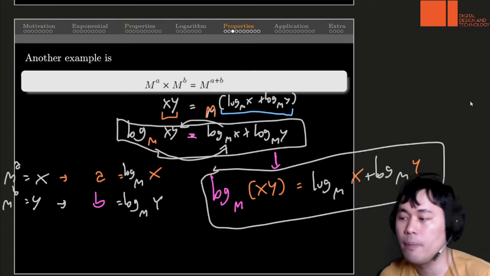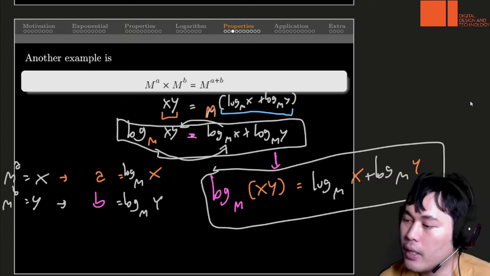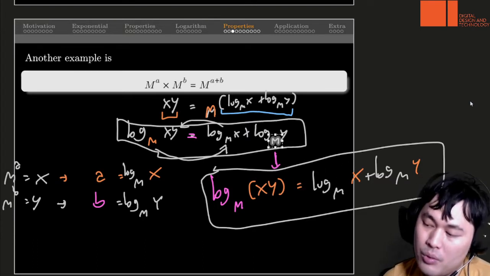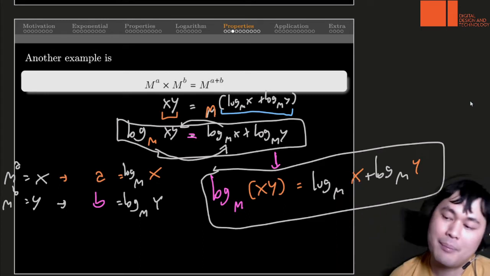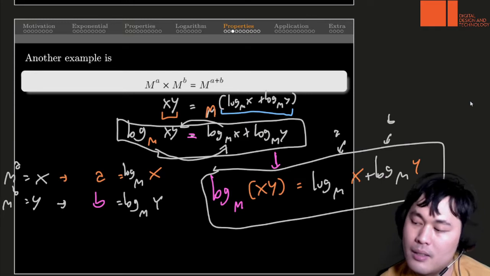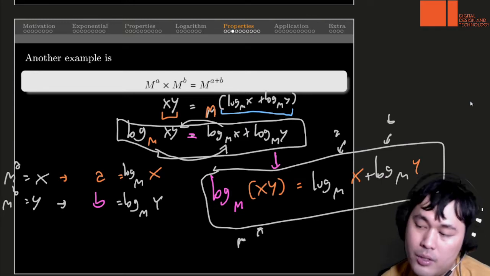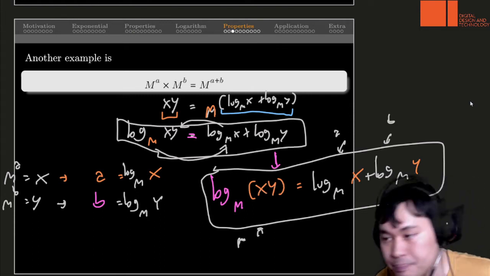This is how you prove that. And if you trace back step by step, you could see that this is a, this is b, and this is the power that you need on the left.